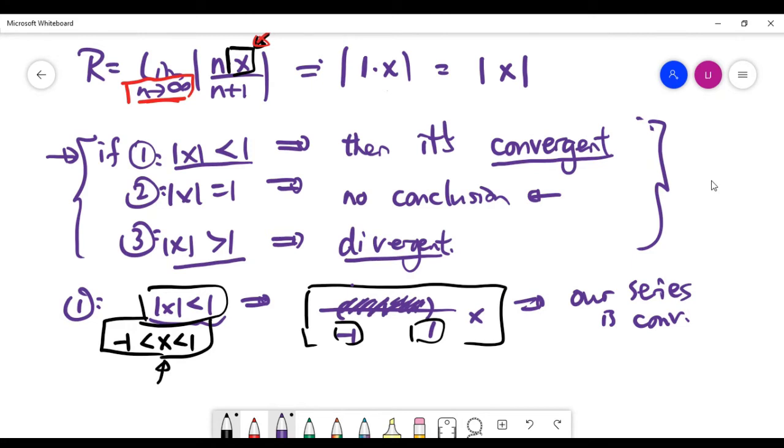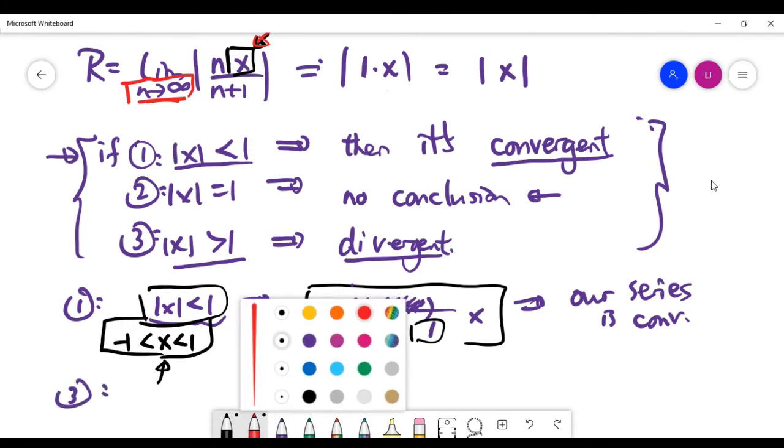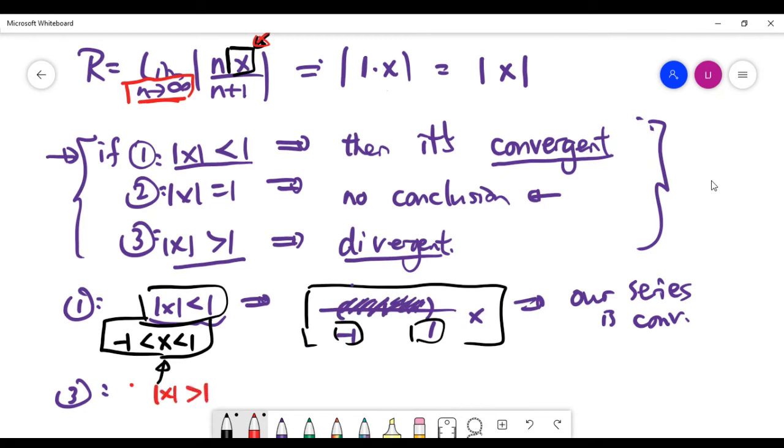And the third statement basically means we can cross out the values where absolute value of x is bigger than 1. If you look at the number line, I use the cross to represent it. Basically, almost all the remaining values outside this interval -1 to 1 will give you a divergent series. So I should make it like this, is divergent series.